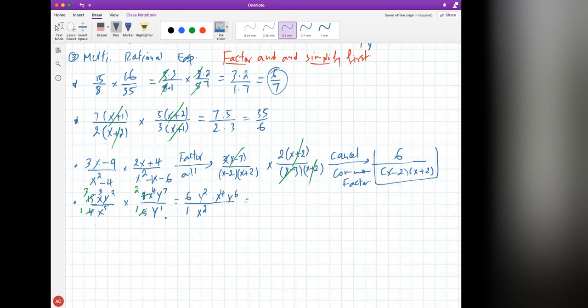Now let's see if we can multiply anything. So first, we can multiply these two together. y2, y6, that's right, is y8. And we can also reduce the x's. It would be x2, so x4 over x2.